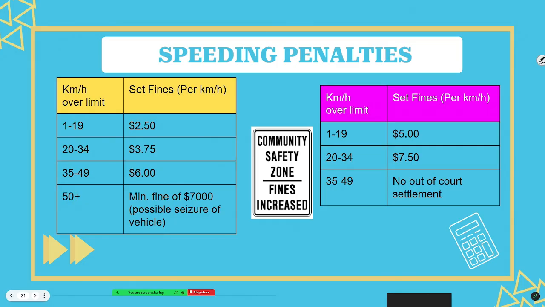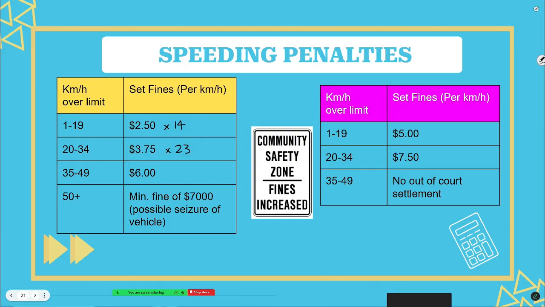So if you are speeding by 14 kilometers, it would be $2.50 times the 14 kilometers that you went over. If you're speeding 20 to 34 kilometers more than the speed limit, you're going to get fined $3.75. So if I'm speeding by 23 kilometers, I have to pay 23 kilometers per hour times the $3.75. So yeah, it adds up.